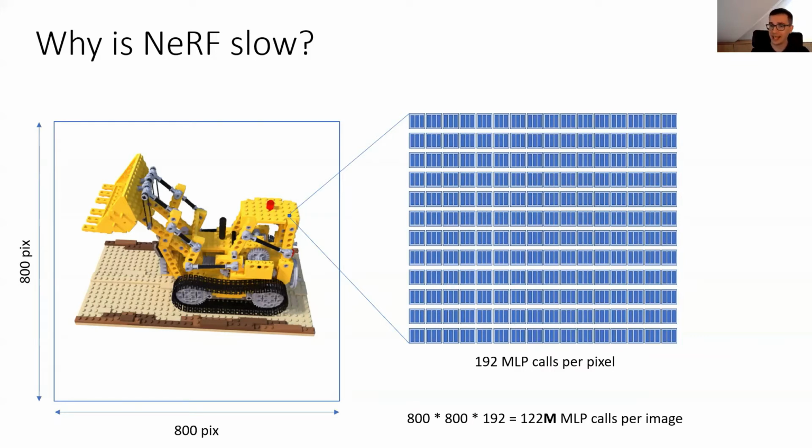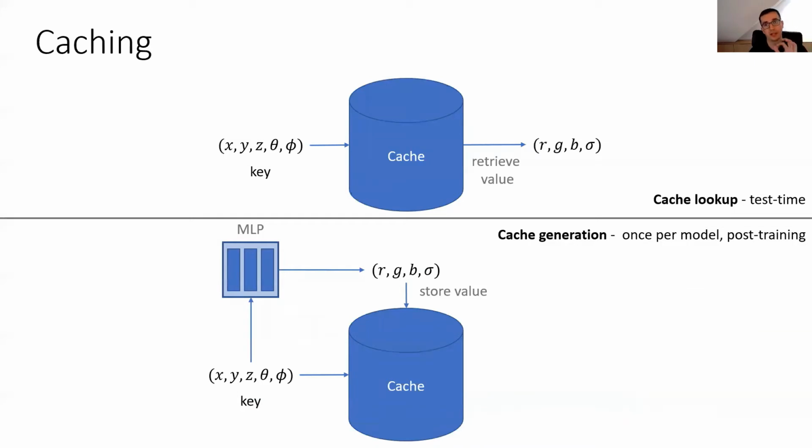What we propose to do instead is to train a NeRF as normal, however, at test time replace it with a cache, where we essentially trade compute for memory, and we keep the outputs of the NeRF cached in some sort of data structure. So at test time, what we want to do is take our XYZ sample position, theta, phi direction, and look up the NeRF output for those values somewhere in memory, retrieve RGB and sigma, and then our only cost is memory lookup, no MLP layers.